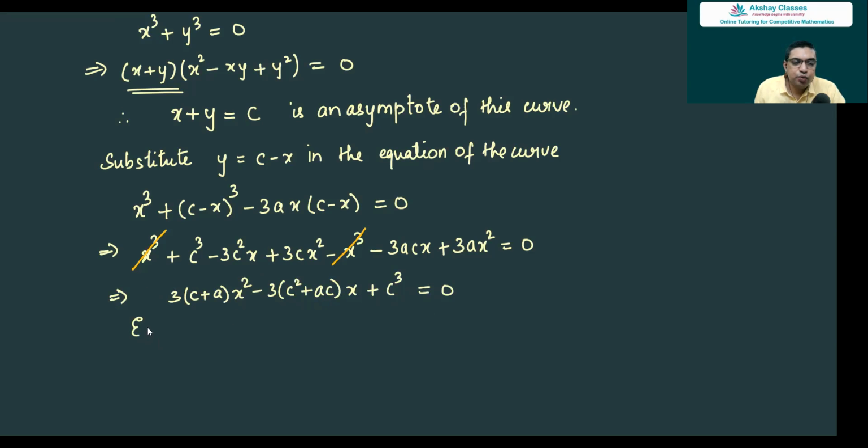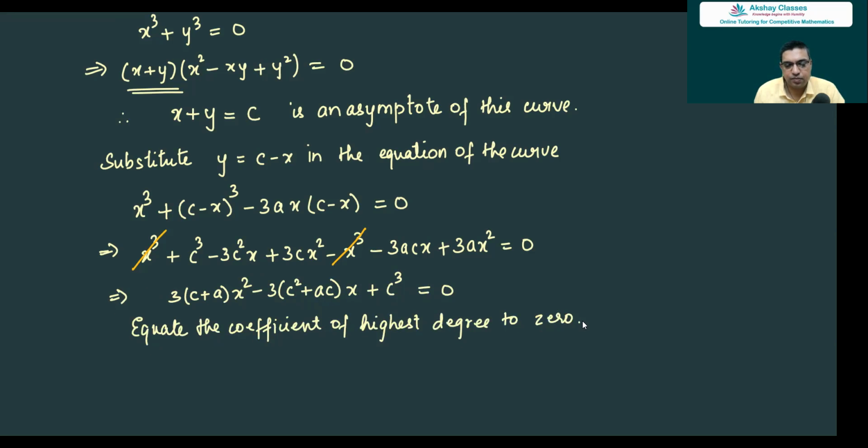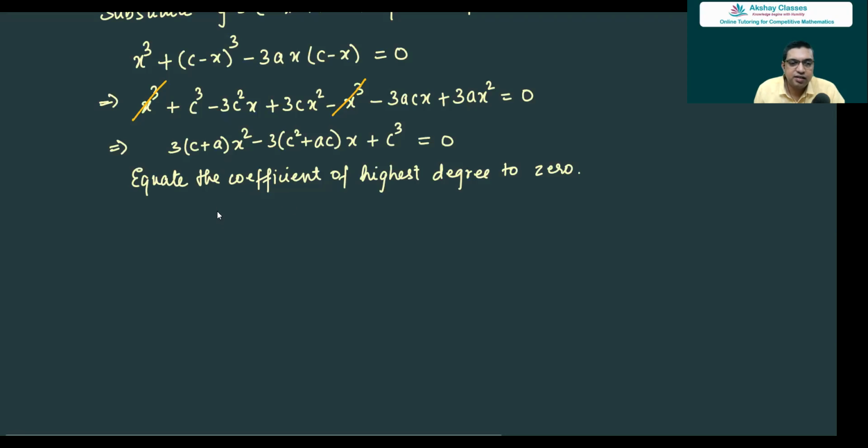Now equate the coefficient of highest degree to 0. So what do we get? c plus a equal to 0, which implies c equal to minus a.